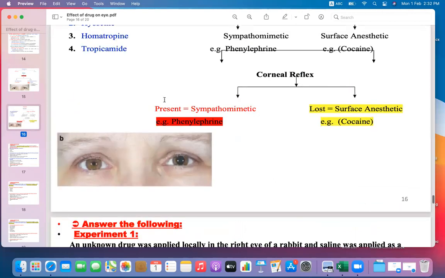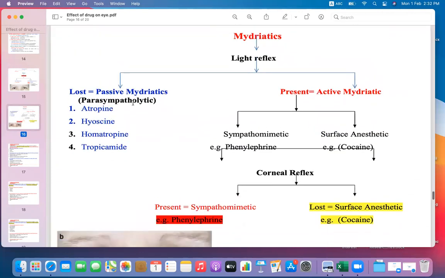Examples of these drugs are atropine, hyoscine, homatropine, and tropicamide. So if the drug causes mydriasis and the light reflex is absent, you can say it is passive mydriasis.